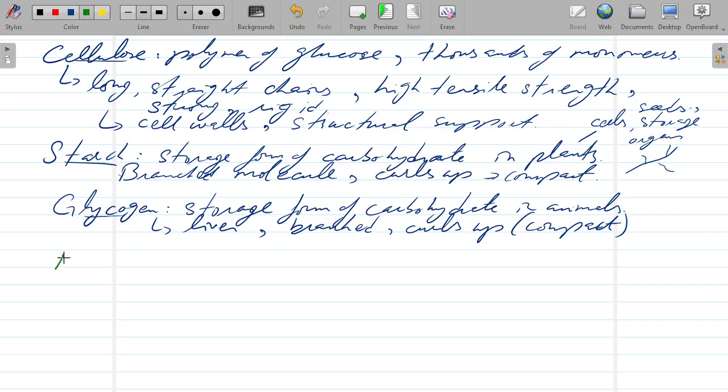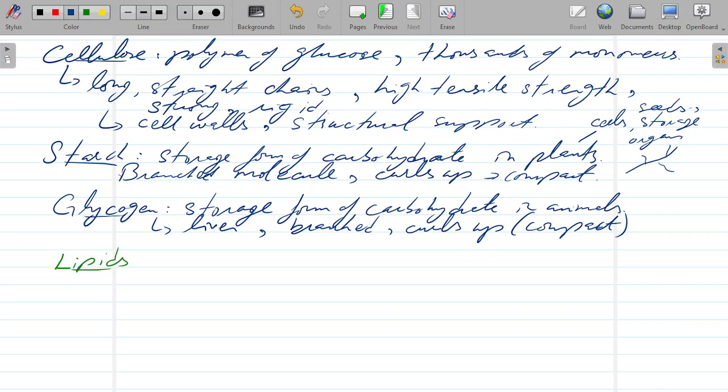We move on to proteins. Well, actually, lipids first, I guess. Lipids are mentioned first in the text. Now, we don't really go into detail.